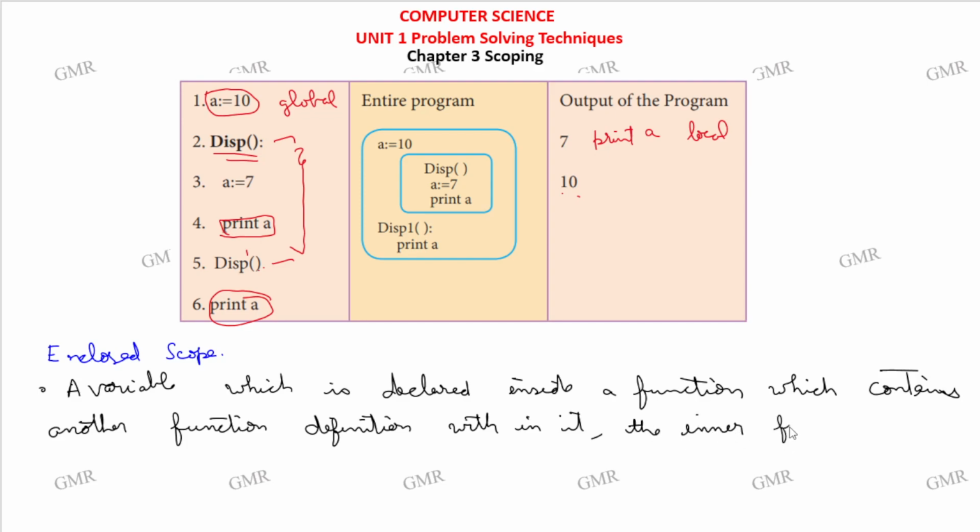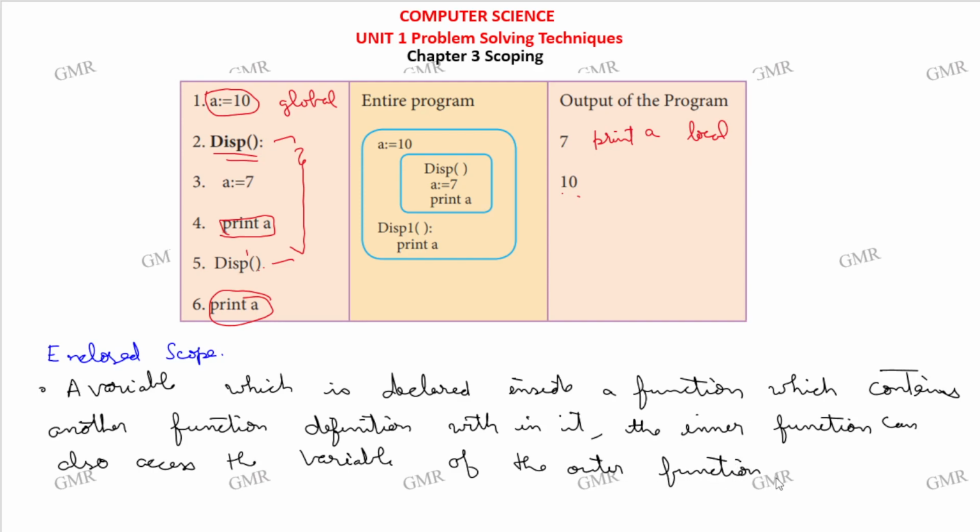The inner function can also access the variable of the outer function. This scope is called enclosed scope. So we shall have an example for this.